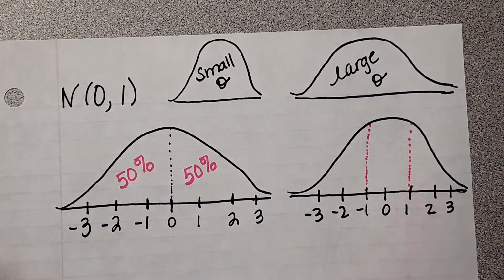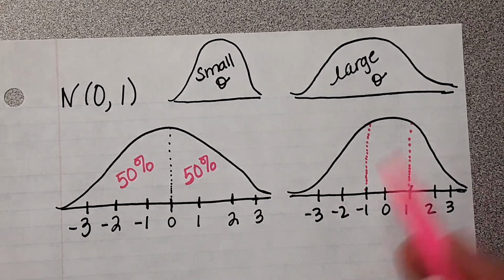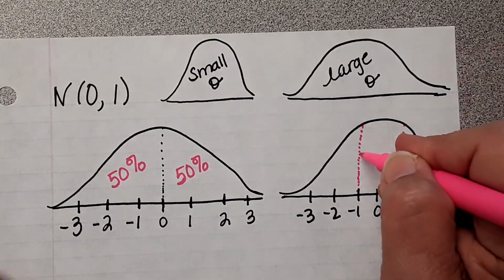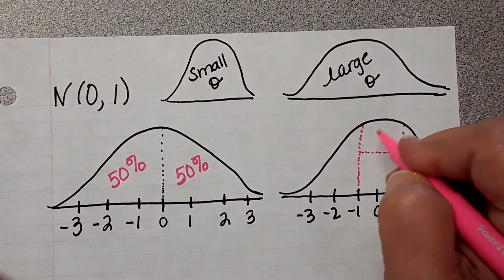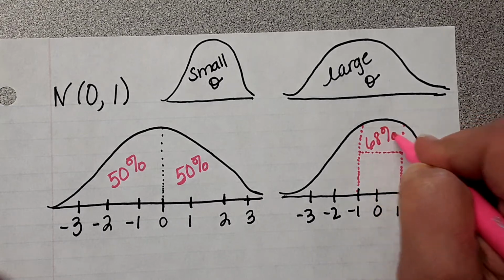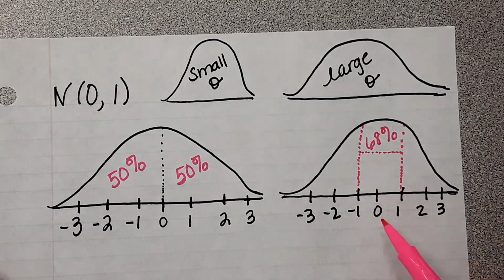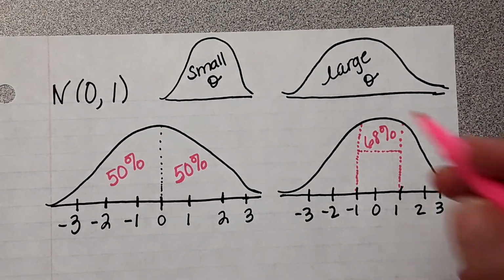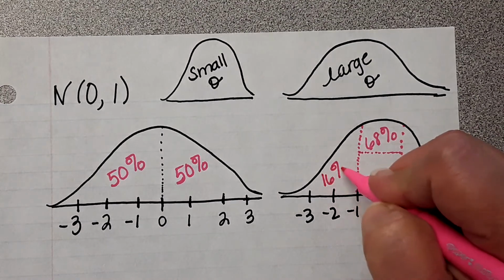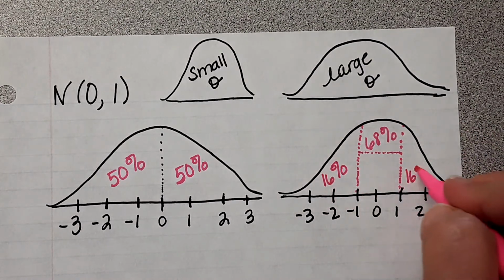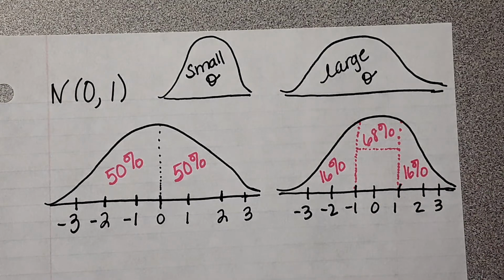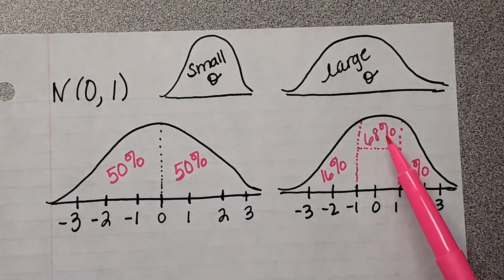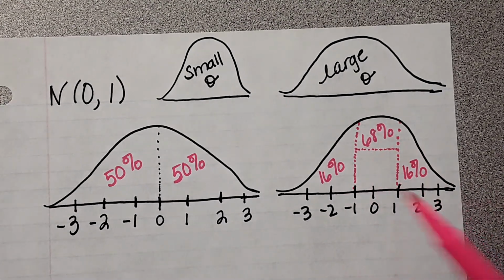These are called the tails. So we have an upper tail and we have a lower tail, and then we have what's in between. So we just learned that the empirical rule said that in between one standard deviation, this is 68% of the data. So 68% of the data lies within one standard deviation. This is 16%, and this is 16% because the tails are always equal. Okay, so what I did is I did 1 minus 0.68 or 100 minus 68, and then I divided it in 2.